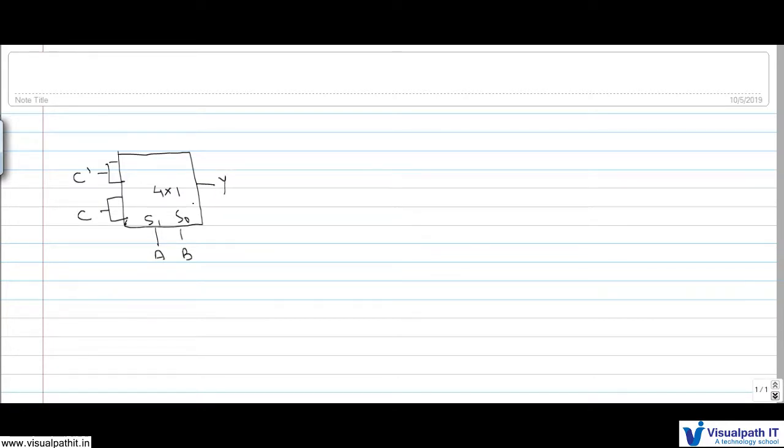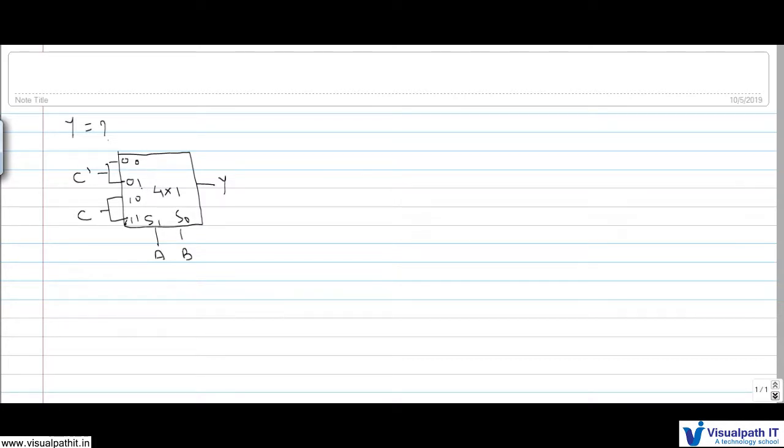Now I have to find out what this Y is, what this mux is actually implementing. I need to find the value of Y. This is a 4 cross 1 mux, right? So the select combinations will be 0 0, 0 1, 1 0, and 1 1.